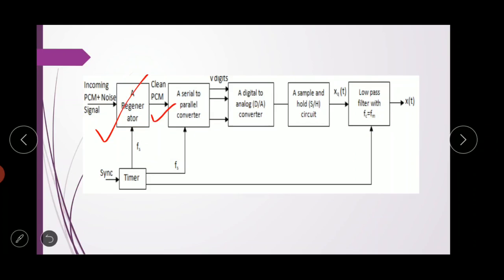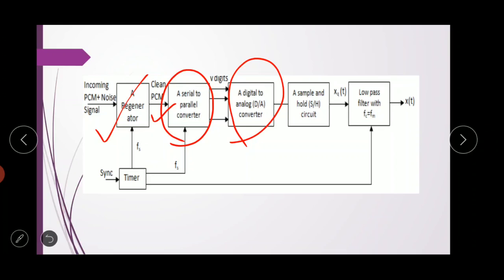Then in the transmission part, the data are transmitted in a serial format, so when it enters the circuit, the serial to parallel converter again converts the signal from serial to parallel. Then the signal is given to a digital to analog converter, which converts the digital signal into an analog signal, that is, the sampled signal.